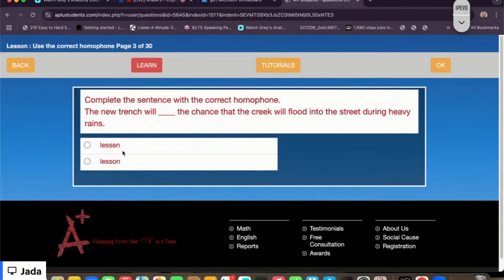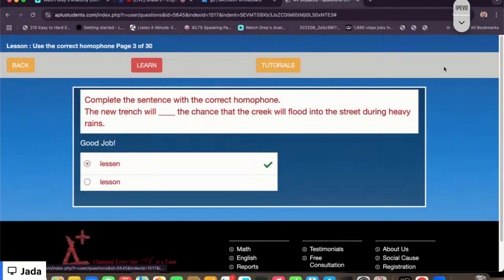So lesson, it's like to reduce. This one is like the lesson that we're having right now.